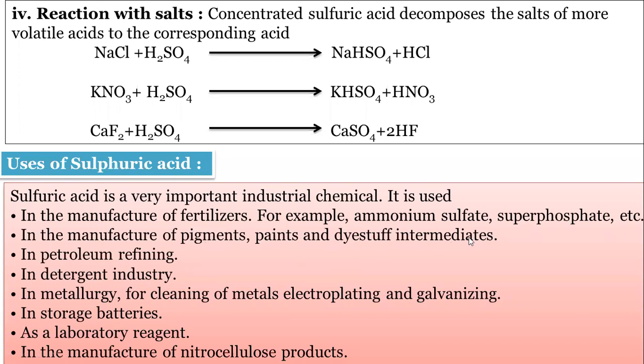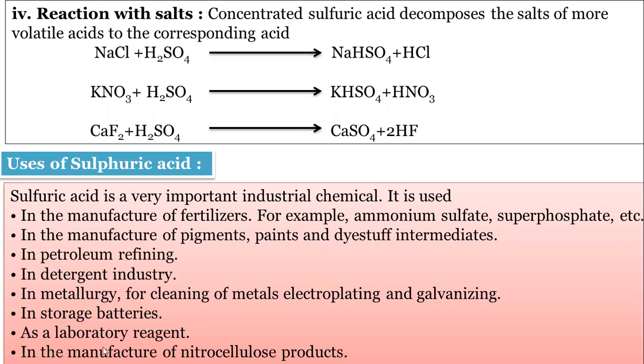As an intermediate, it is used in petroleum refining, in detergent industries, in metallurgy for cleaning the metals, electroplating, and for galvanizing. In storage batteries, whatever batteries we are using in automobiles, it is used.